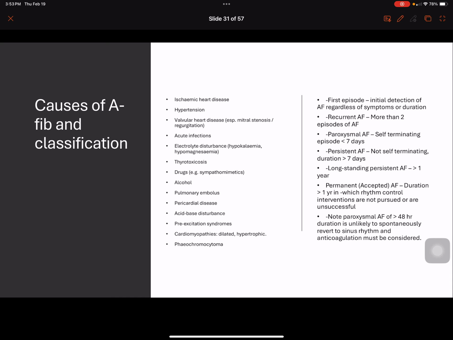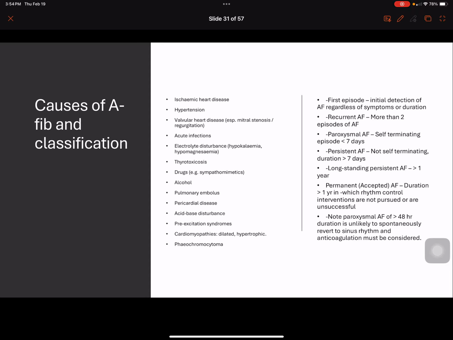Drugs like sympathomimetics, alcohol is a big causal factor of AFib, pulmonary embolus, pericardial disease, acid-base disturbance, pre-excitation syndromes, which we call WPW, cardiomyopathies, where we have dilated heart muscle. Or anytime we're stretching the heart muscle, that's going to cause irritability of those cells. Adrenal tumors can also cause it.